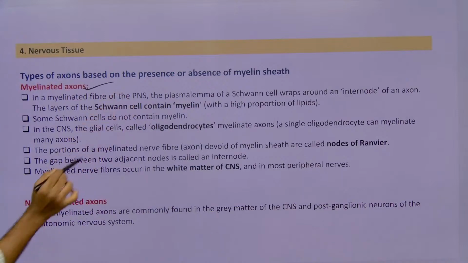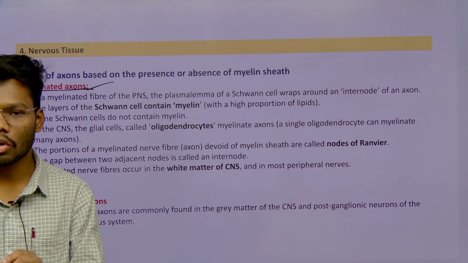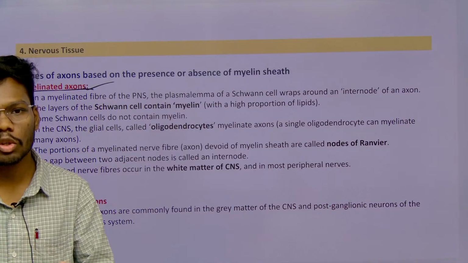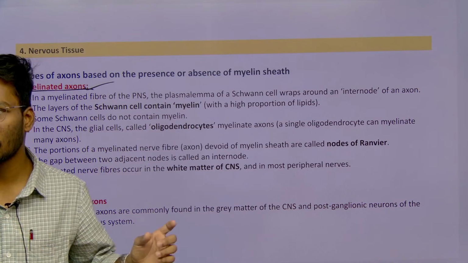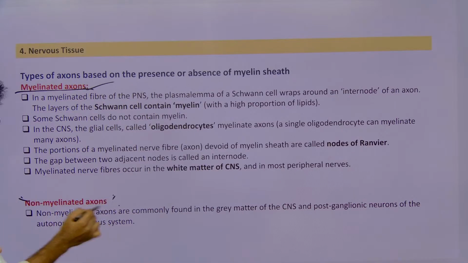Myelinated neurons, and the axons are called what? Myelinated axons. If the neuron is not having any myelin sheath, which means it is not having any Schwann cells, it is only axon, then that is called non-myelinated neurons or non-myelinated axons. Understand? We have two categories.